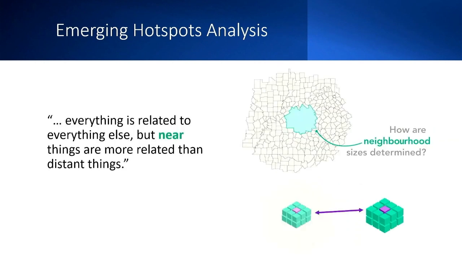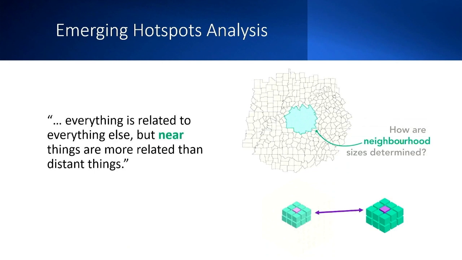Tobler's first law of geography states, we expect things that are near each other to be related. So an important part of emerging hotspot analysis is to determine the distance and time at which we expect the phenomena we are studying to be related.